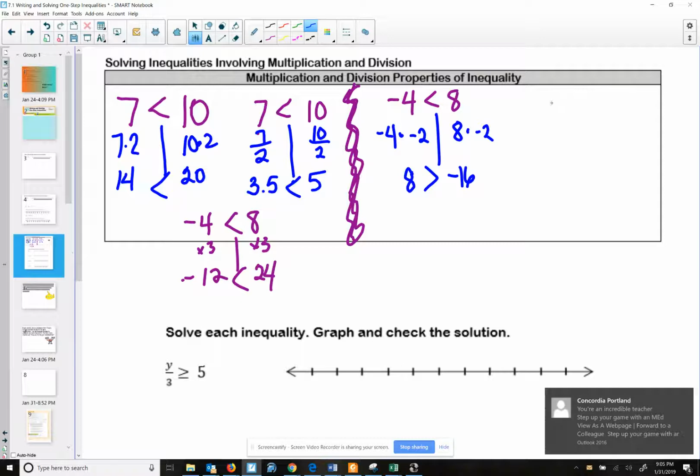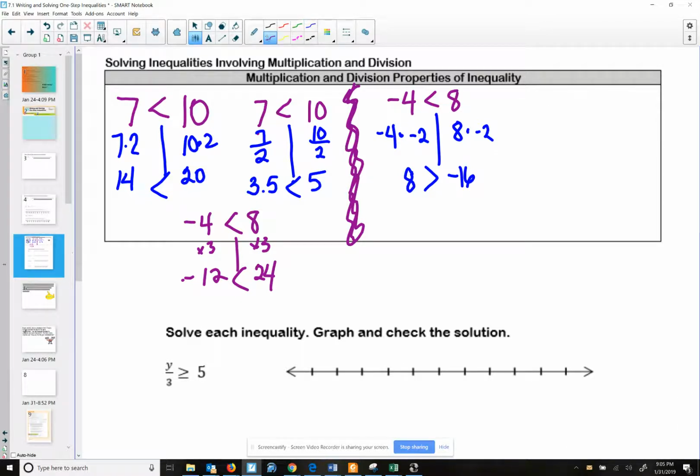Okay. Let's do the same inequality again over here. -4, +8, less than. What if I try dividing? And this time let me divide by -2. And I'm going to take this 8 and I'm going to divide it by -2. Now I'm doing the same thing to each side. If this were an equation, no problem. You just divide and you keep your equality symbol.